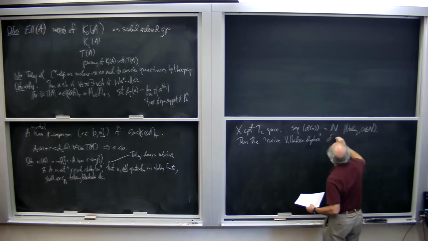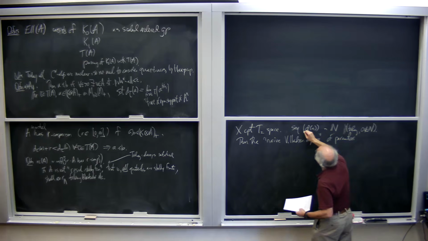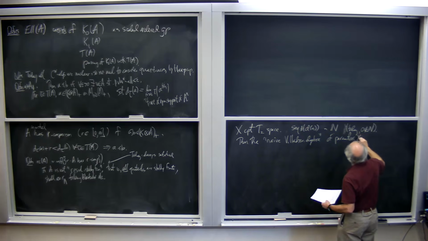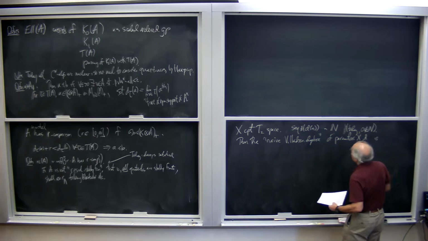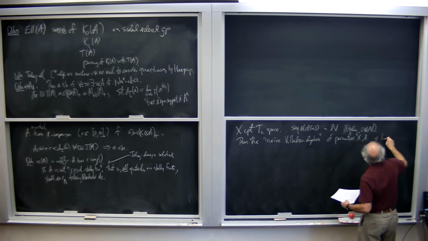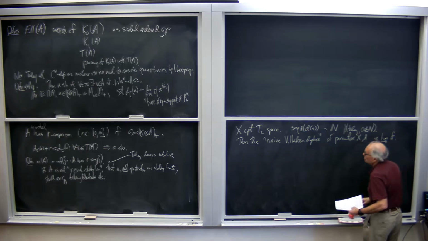Of, let's say, parameters. Let me just call this D of X, and D is the direct limit of the following system.